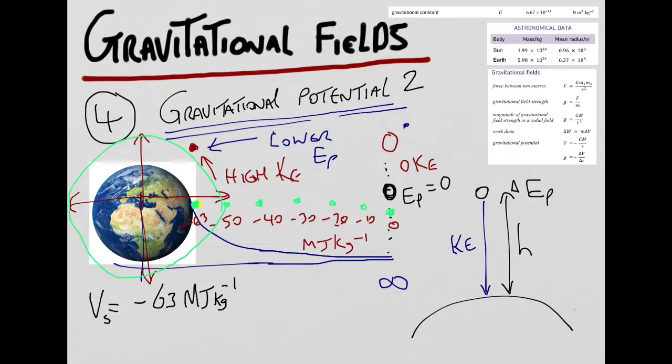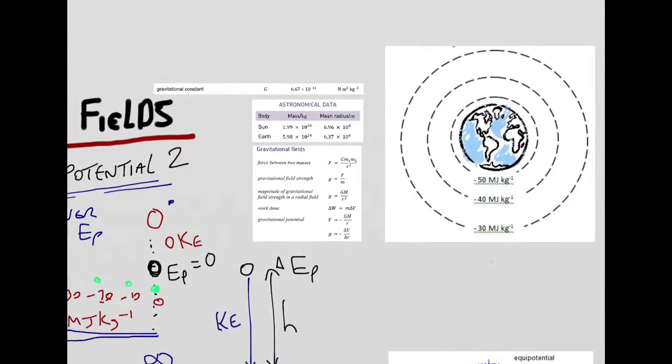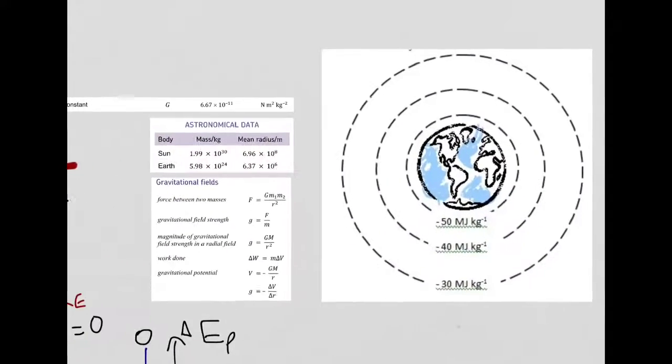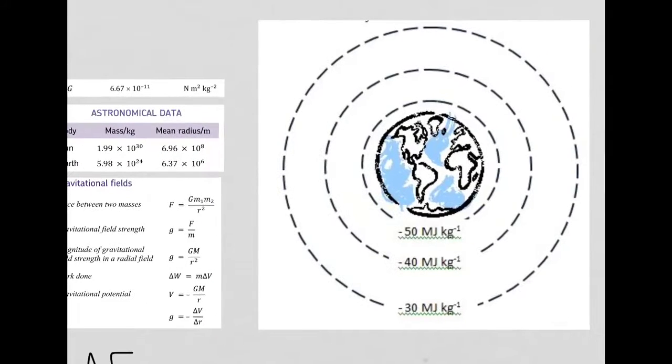Now, because this picture is, as you can see, getting very complicated, one I made one earlier. There you go. So this is a picture showing equipotentials around the Earth. So we have this idea that anywhere, if I was to take a point anywhere on this line, the value of V at any of these points would be minus 40 megajoules per kilogram.